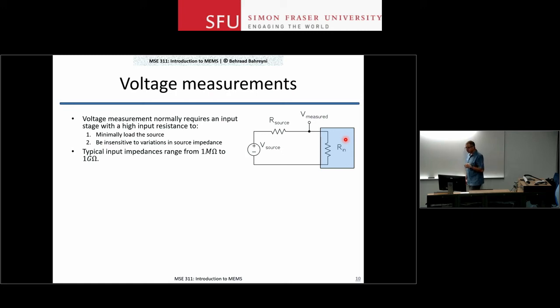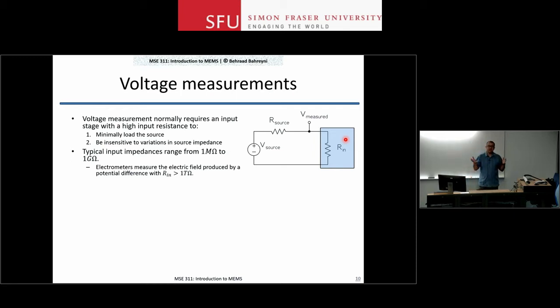For typical voltmeters, that input resistance is somewhere between 1 mega ohm and 1 giga ohm. That's typical. So this is your benchtop voltmeter, can have an input resistance of 100 mega ohms to 1 giga ohms. The handheld voltmeter has an input resistance of 1 to 10 mega ohms. If you need more input resistance, that's possible. There are devices that are called electrometers.